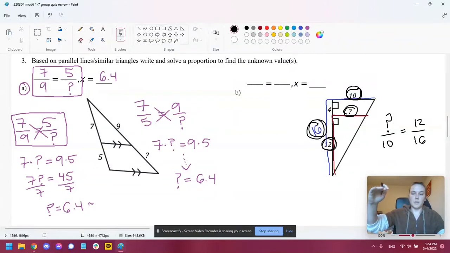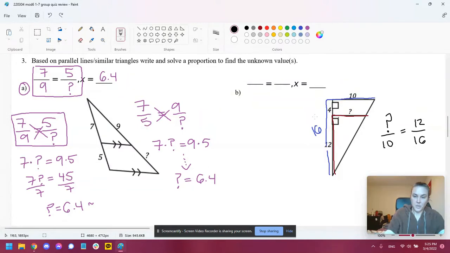The small base over the big base, the small left-hand side over the big left-hand side. Or we can do the small triangle equaling the big triangle, right? So the base of the small divided by the left of the small equals the base of the big divided by the left of the big.